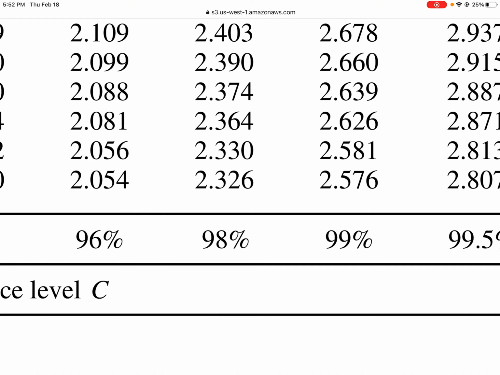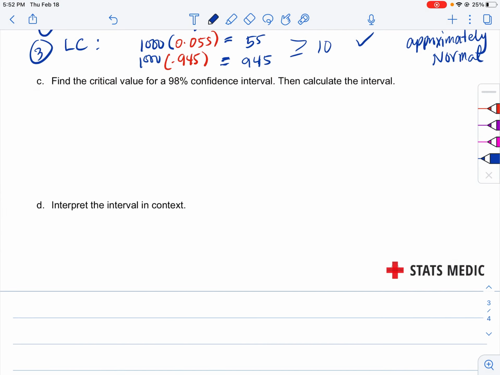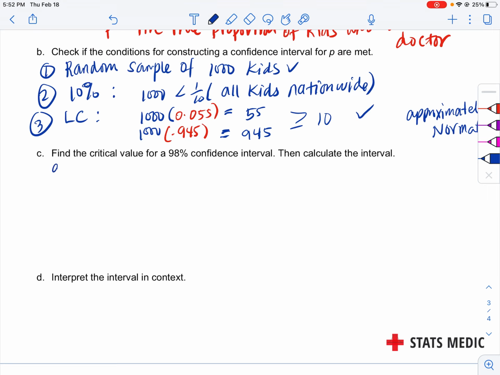I think I can round that to 2.33. For 98%, the Z star is 2.33, rounded, and I got that from the table.